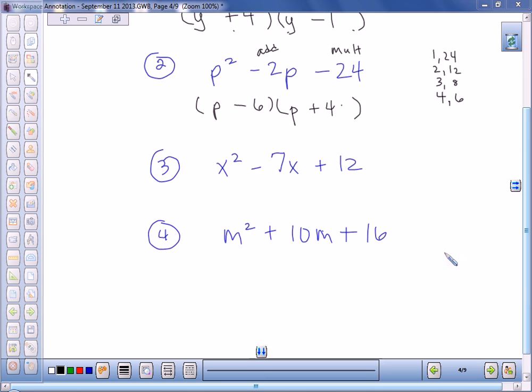What are our factor pairs for 12? 1 and 12, 2 and 6, 3 and 4. Okay, I'm multiplying to get a positive. So my choices are either both positive numbers or both negative numbers, aren't they? So I'm multiplying to get a positive 12, and I'm adding to get a negative 7. What is it? Negative 3 and negative 4.